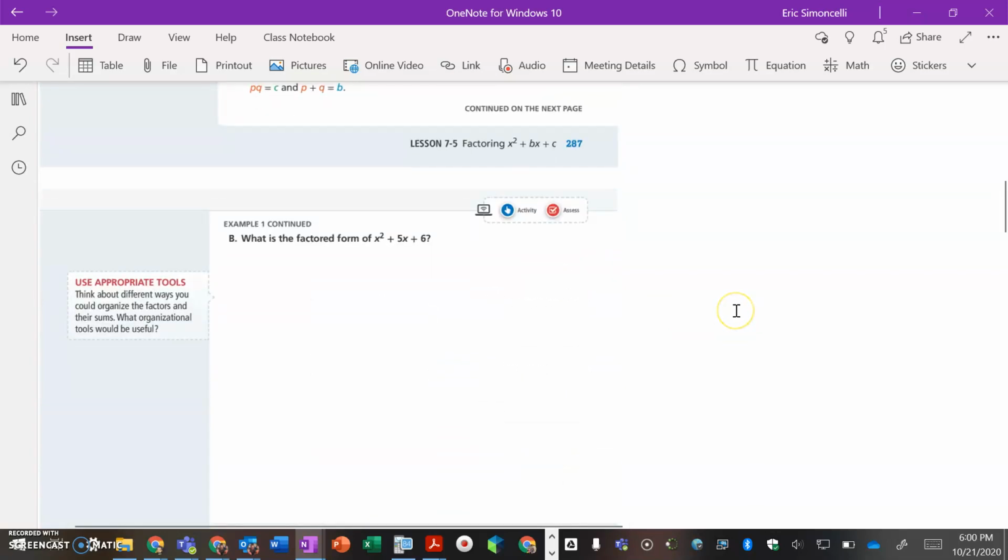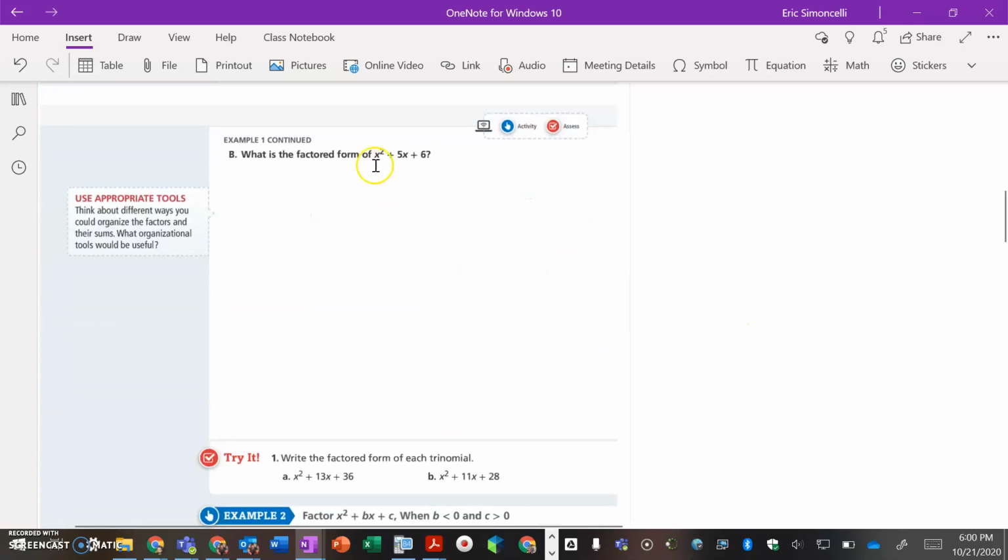So here we go. What is the factored form of x squared plus 5x plus 6? Identify a factor pair of 6 that has a sum of 5. We're trying to think what two numbers multiply to give us 6, but also add to give us 5.